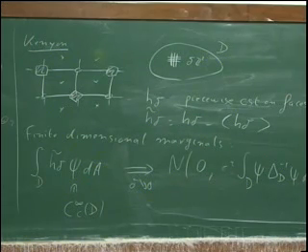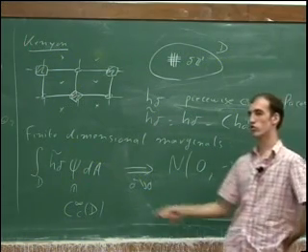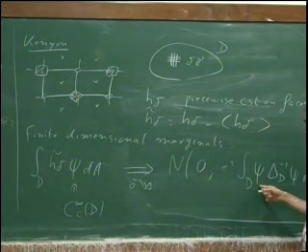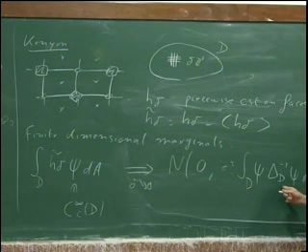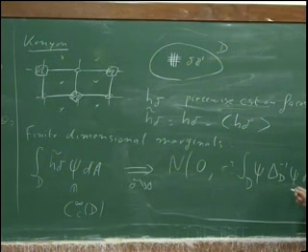So the important thing is that this depends on your test function in the following way. You take the test function, and then you invert the Laplacian with Dirichlet boundary conditions, and you take this thing. So this is the quadratic form on these test functions.